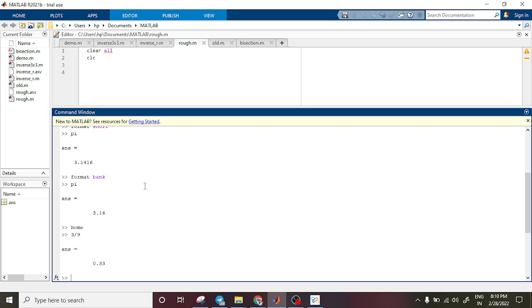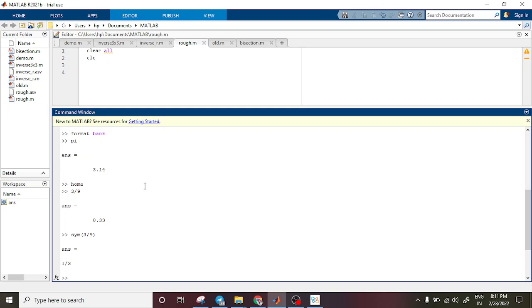But if I want the answer in the form of a fraction, I have to write sym, 3 divided by 9. Now you can see that you get the answer 1/3. If you use symbolic, it always writes in the form of fractions.